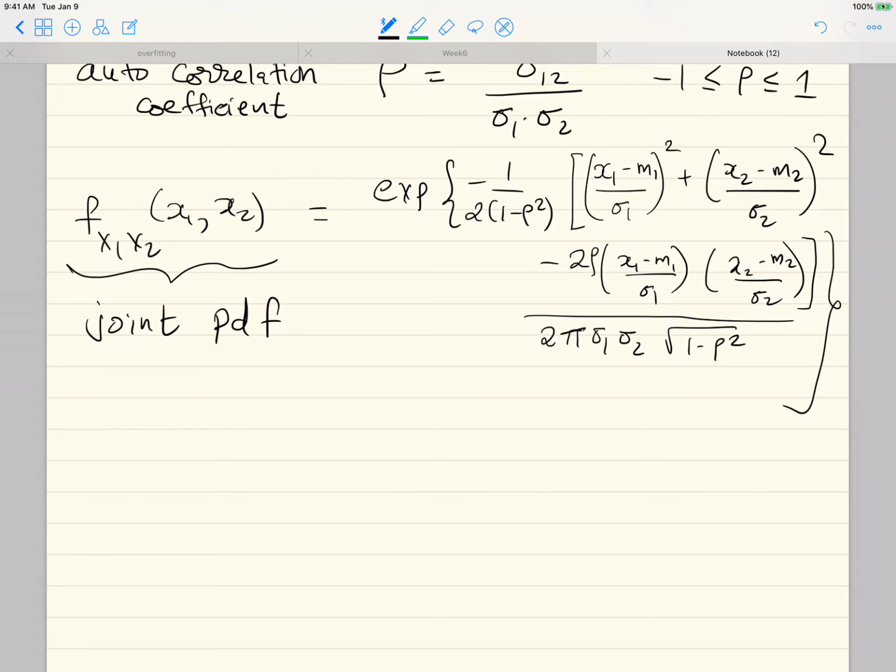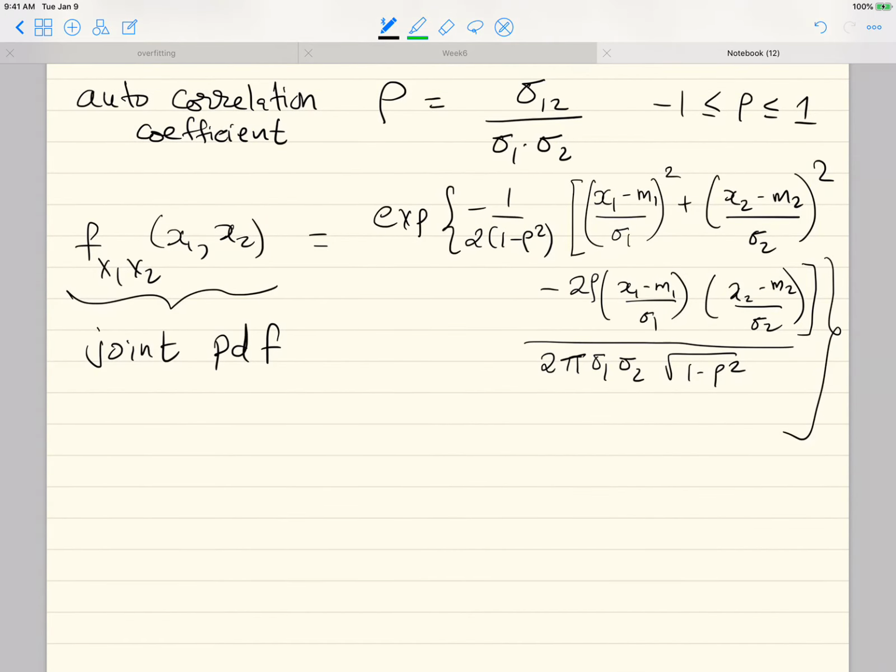Now, if you look at the geometry of this, let's consider the case when f of x1, x2 is a constant. So you want to find the locus of all points where the PDF is a constant. If you stare at this for a bit, you see that the only dependence on x1 and x2 is inside these brackets.